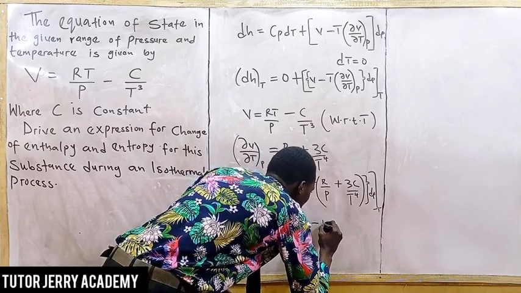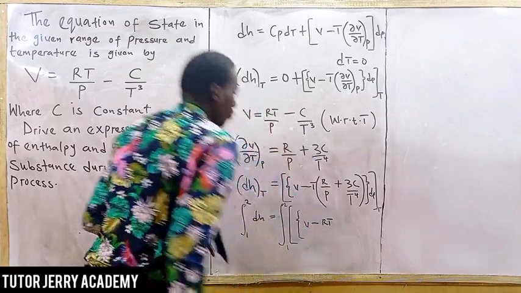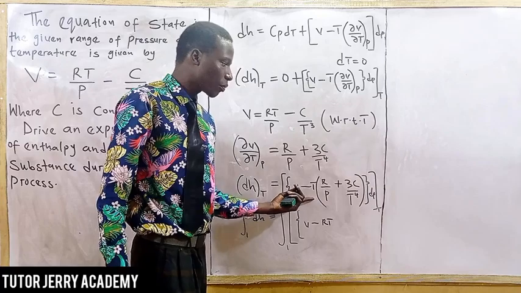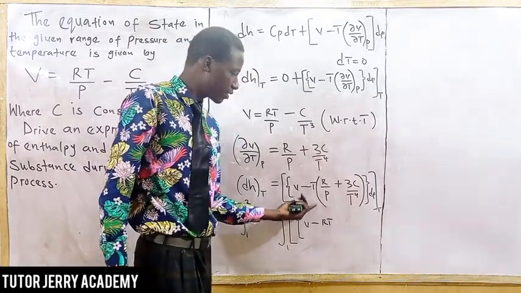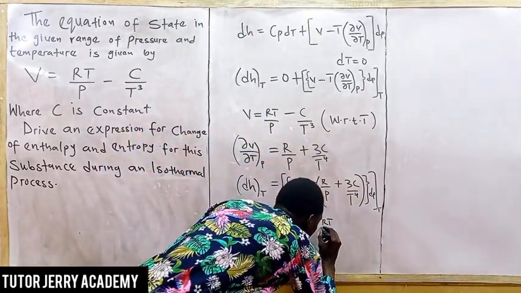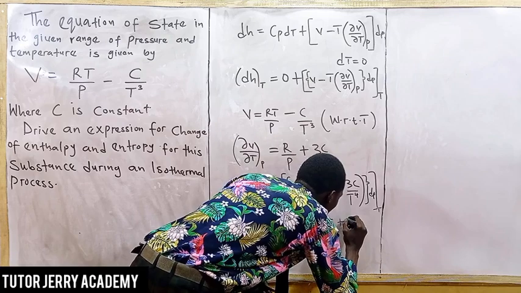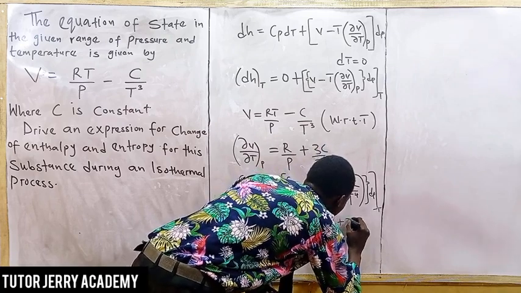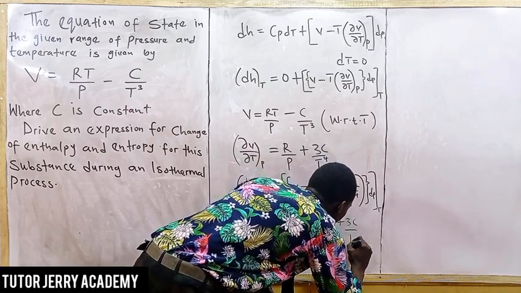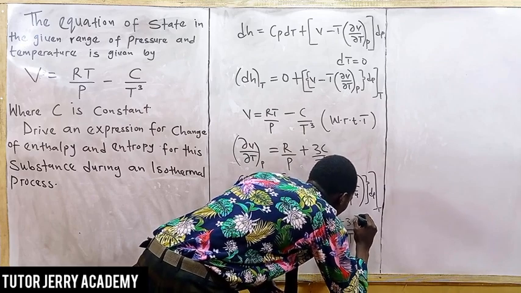Multiplying through the bracket by T, we are left with RT over P plus 3C over T to the power of 3.